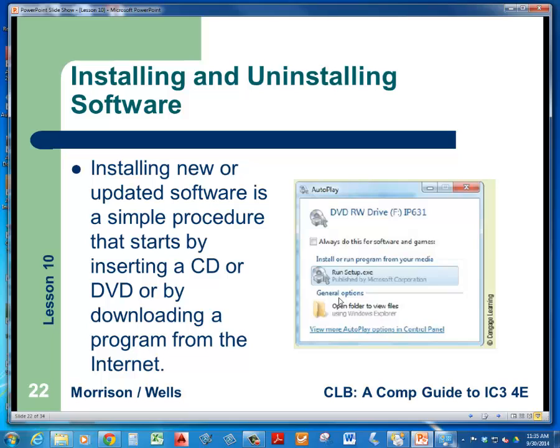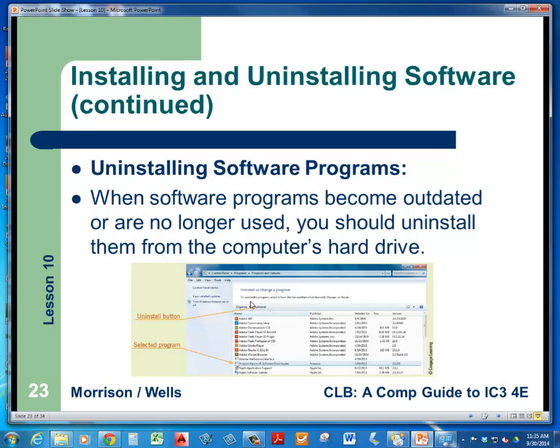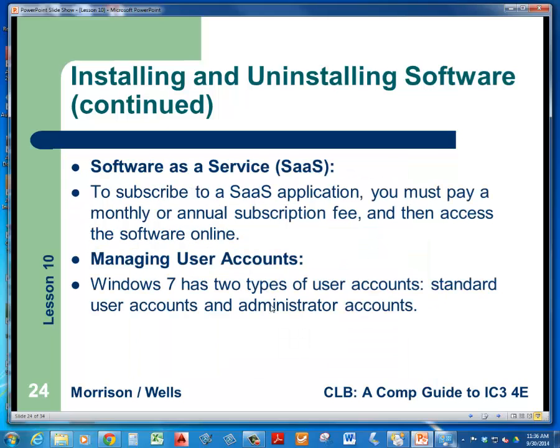Of course, you can download it, which you will be doing to get your AutoCAD software on your personal system, and install it from the internet. When it comes time to uninstall, we go to the program listing like I showed you earlier and do the uninstall.